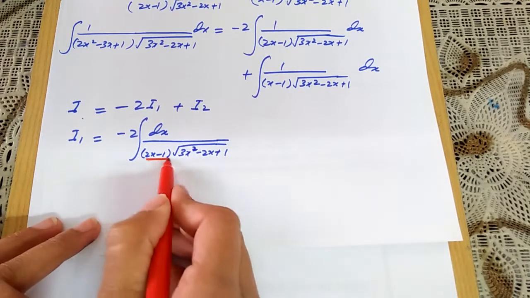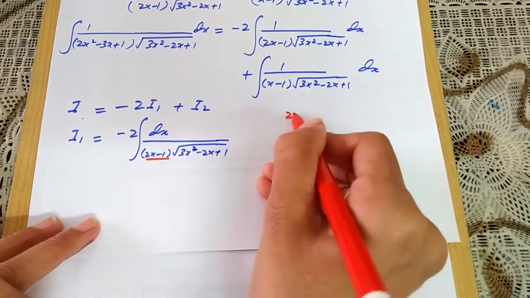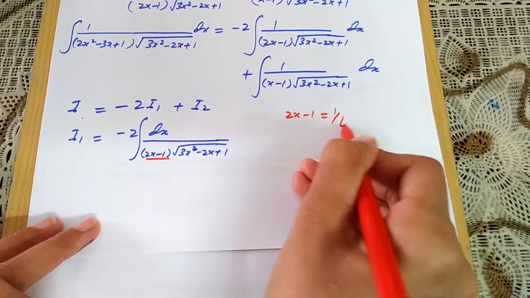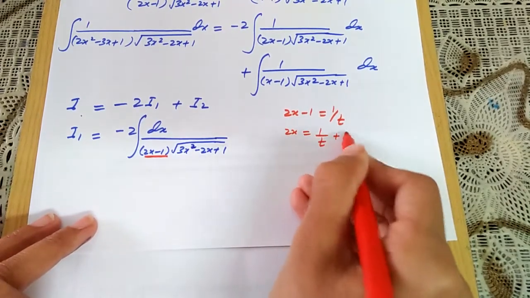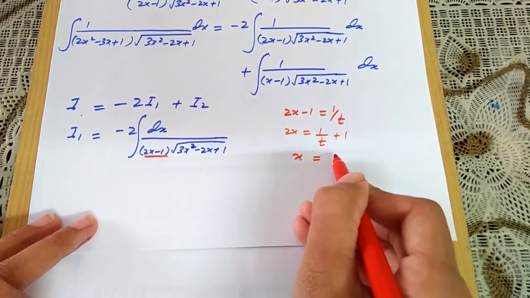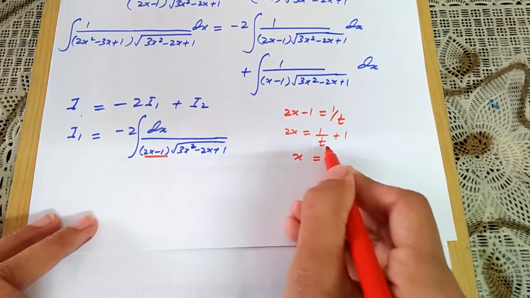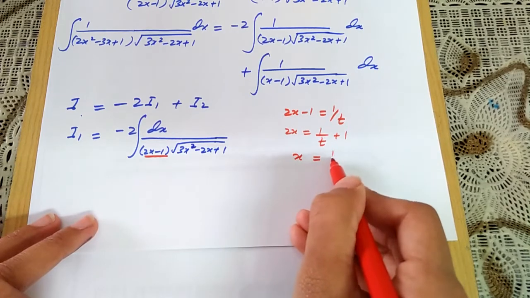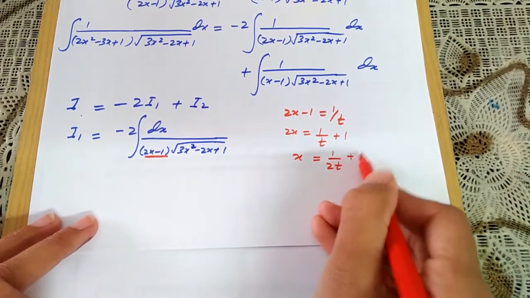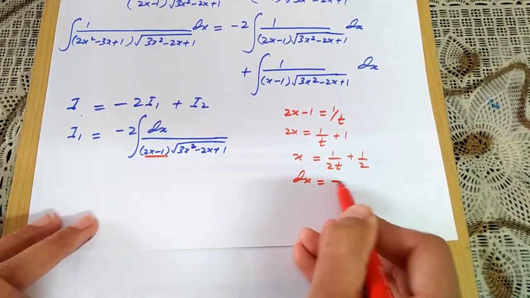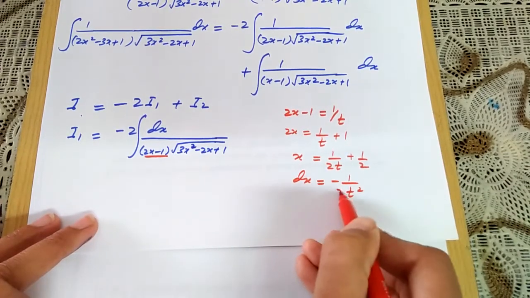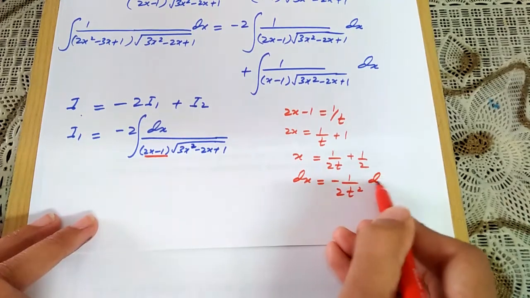Let the linear function 2x − 1 equal 1 over t. Then we get 2x equals 1 over t plus 1, so x equals 1 over 2t plus 1 by 2. dx will be equal to −1 over 2t² dt.